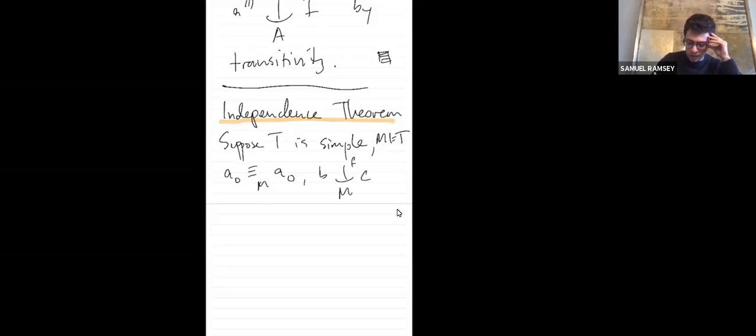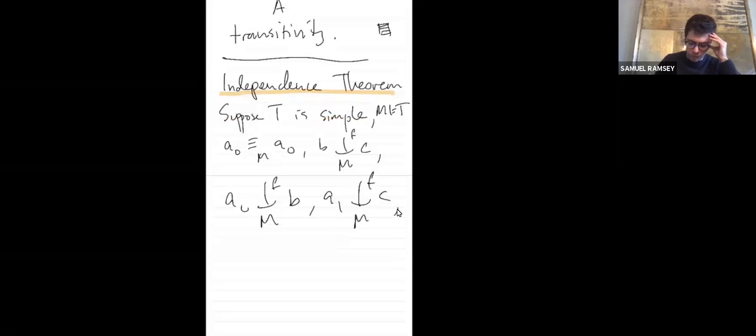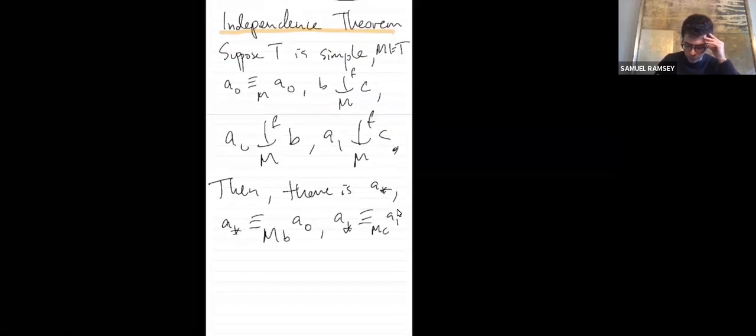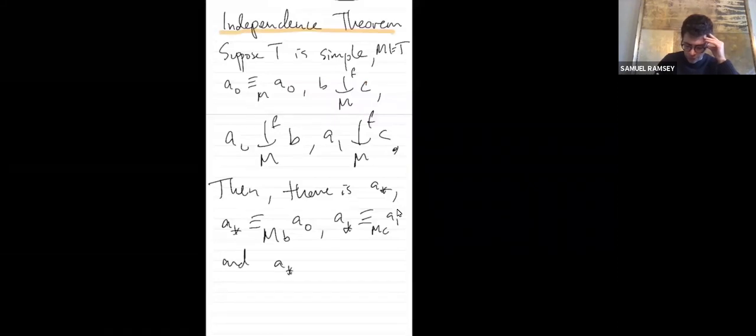So you have B independent with C. A0 is independent with B. A1 is independent with C. And that's it. So then there is A star, which has the same type over MB as A0. It has the same type over MC as A1. And A star is independent over M with both B and C.